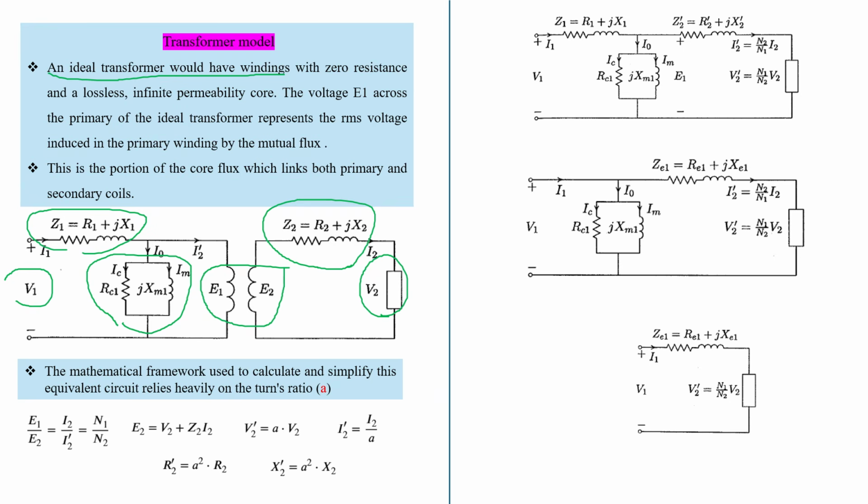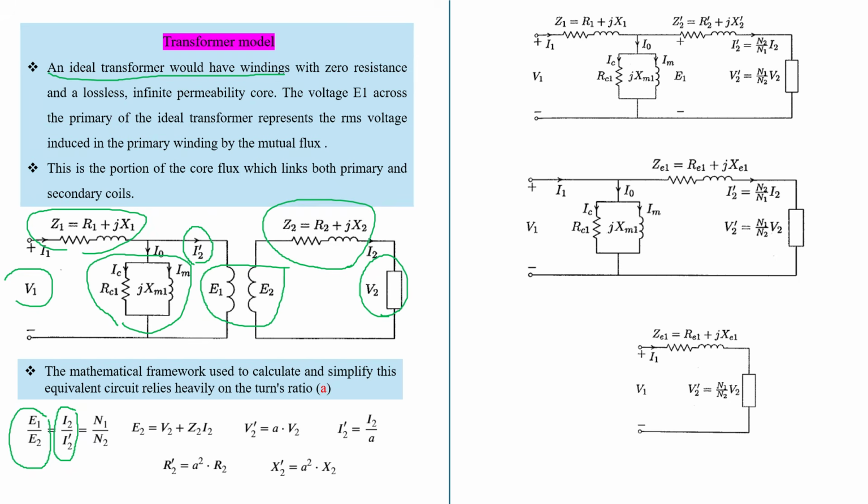For example, what we call the turn ratio is the magnitude of E1 to E2, equal to the magnitude of E2 to E2 prime. This is the magnitude of the voltage, the magnitude of the current, and this is the magnitude of the secondary current.